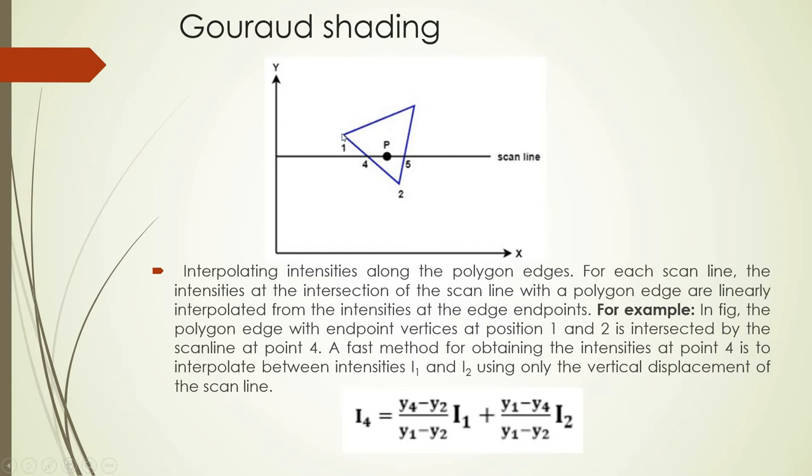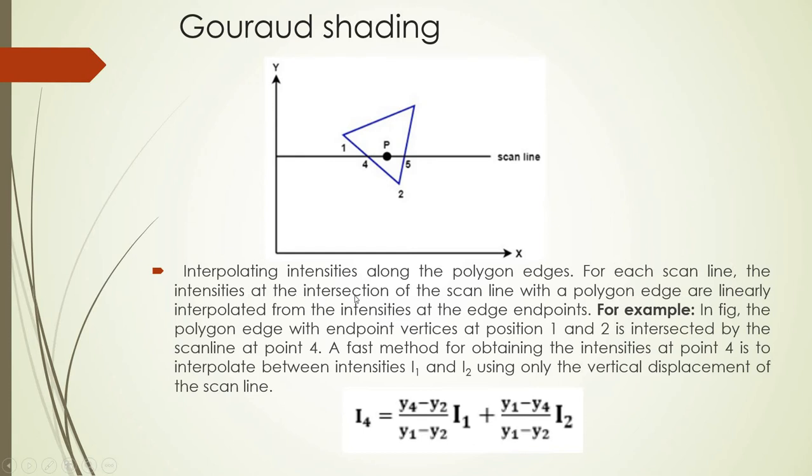So in our step number 1 we have to calculate the average intensity, interpolating the intensity along the polygon edges for each scan line. We are having different scan lines. I am taking one example of this scan line. There will be n number of scan lines.